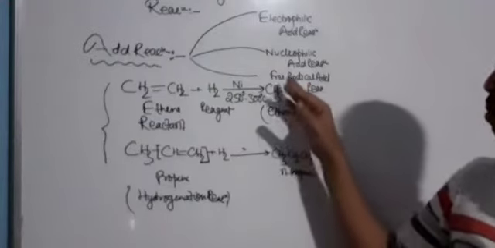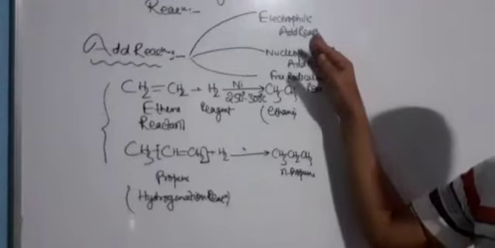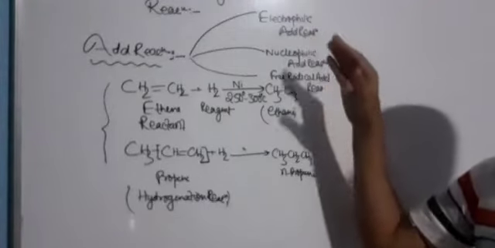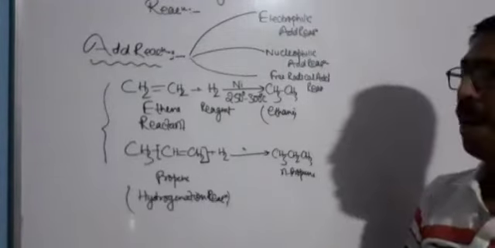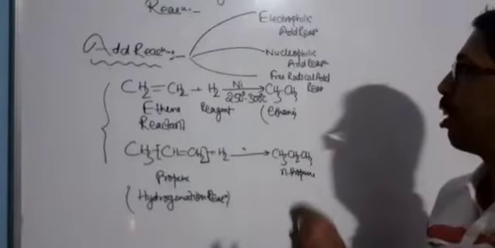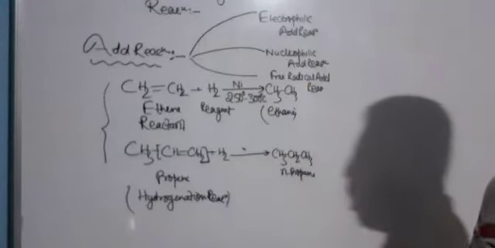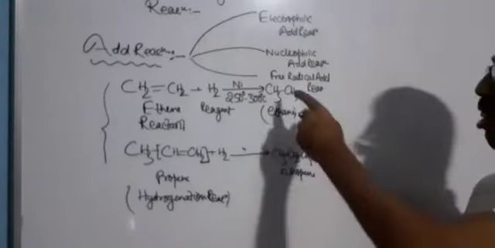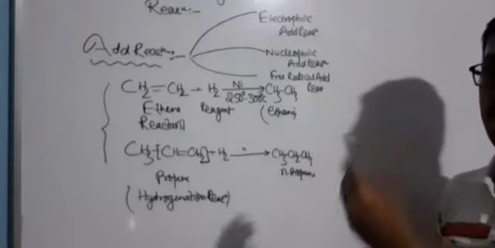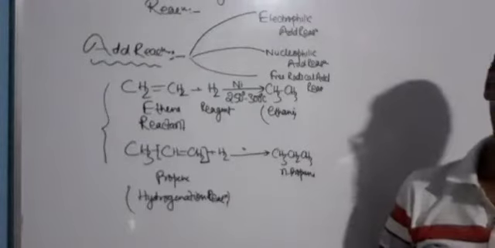The addition reactions which take place with the help of an electrophile reagent are known as electrophilic addition reactions. Similarly, the reactions which take place with the help of a nucleophile are known as nucleophilic addition reactions, and those which are carried out with the help of a free radical are known as free radical addition reactions.